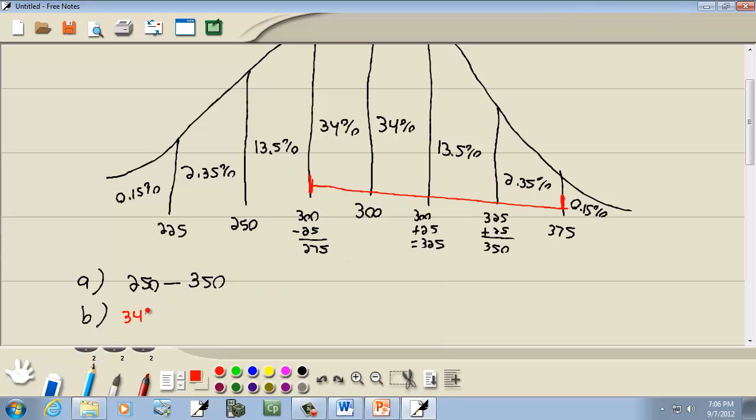So I got 34% plus 34% plus 13.5% plus 2.35%. I got my calculator handy here, so let me do that. 34 plus 34 plus 13.5 plus 2.35, and I get 83.85%.